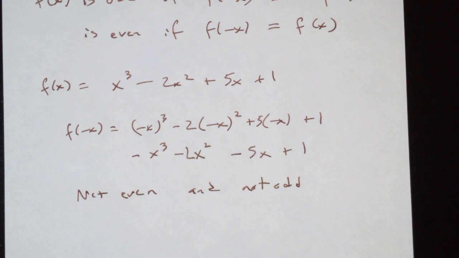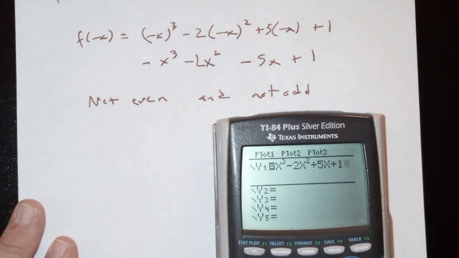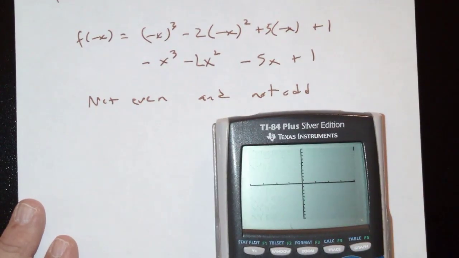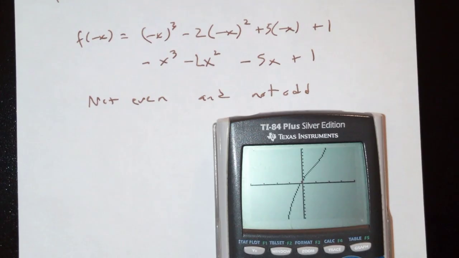And if we actually graph this function, which I made up, so I have no idea what the picture looks like. That's not the same on the left as it is on the right.